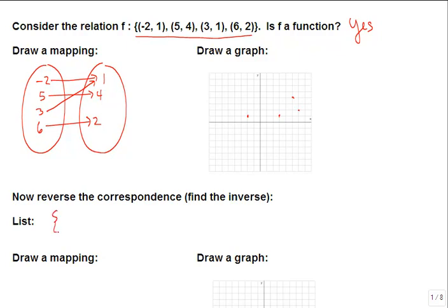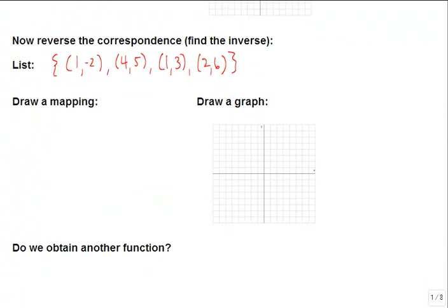So we would have the set of points, and instead of having -2 going to 1, now it's going to be 1 going to -2. And 5, 4 becomes 4, 5, 3, 1 becomes 1, 3, and 6, 2 becomes 2, 6. Now let's show that as a mapping.